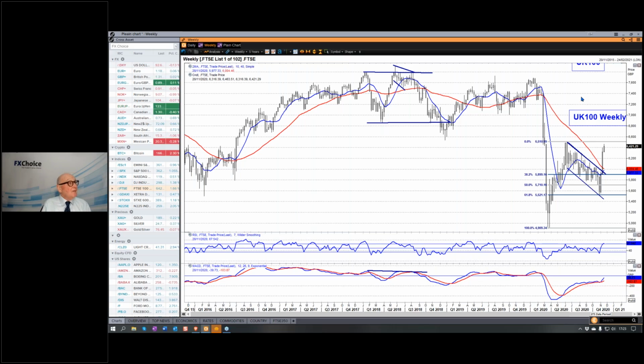And again, if you buy into this idea that the structure of the stock markets is changing away from being driven only by technology stocks at the expense of the old world stocks, well, the UK FTSE 100 index is made up of that. It's got almost no technology in it.